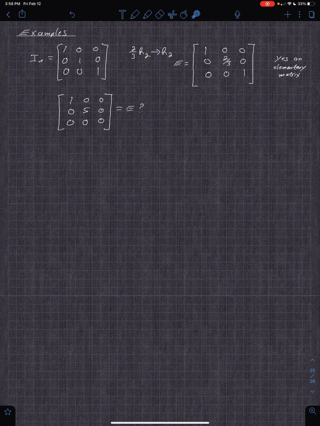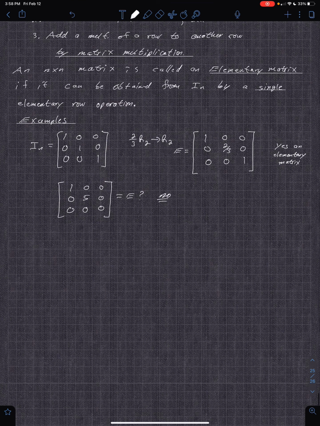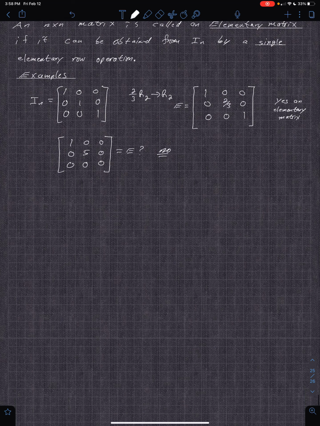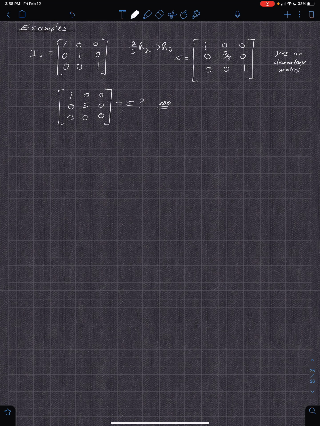Well, you'd have to zero out this, and there's really no way to do that. And then you have to get 5 there. So don't think too hard here. No, you can't do it. So that's not an elementary matrix. You can't get that matrix from the identity matrix by a single elementary row operation.